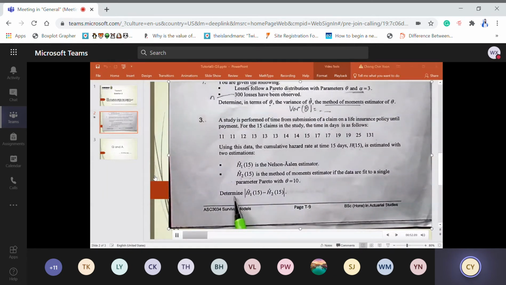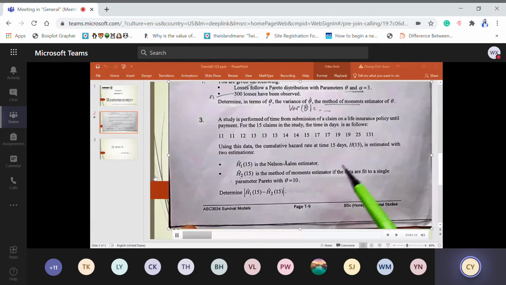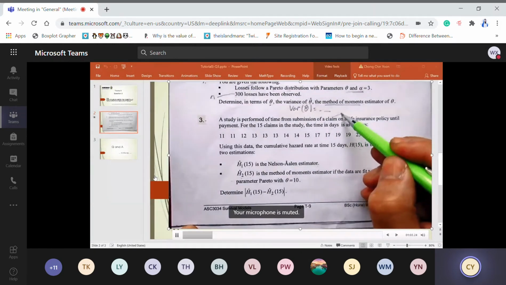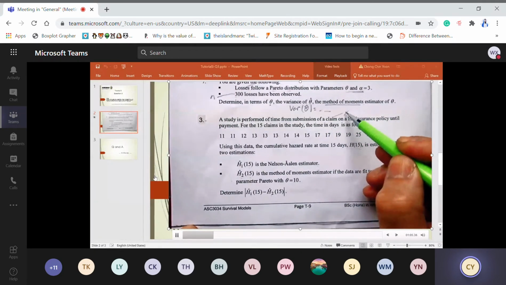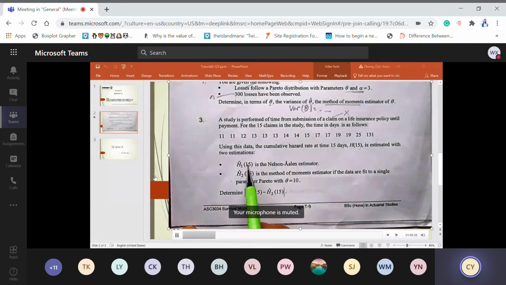Determine the absolute value of the difference of H1 and H2 at 15. So we let X be the claims random variable, and first of all we have to calculate the cumulative hazard rate at 15 for the H1 under the Nelson-Aalen estimator.